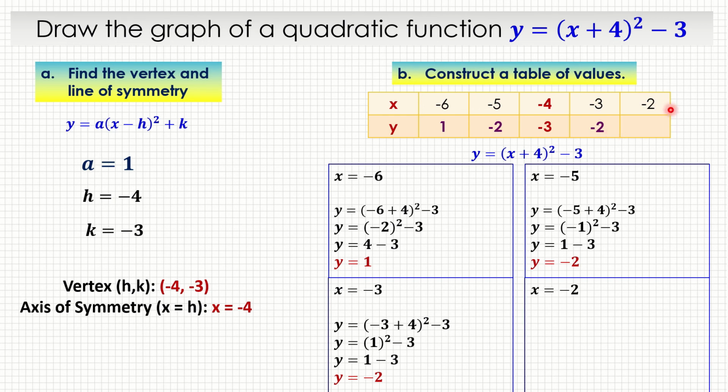Let us have the last one. If x is equal to negative 2, substitute negative 2 for x. We have y is equal to the square of the quantity negative 2 plus 4, minus 3. That is equal to 2 square minus 3, which is 4 minus 3, equal to positive 1. That is the last value of y.